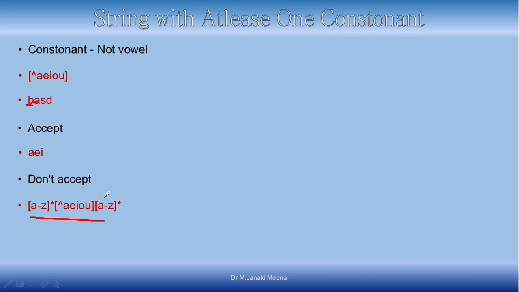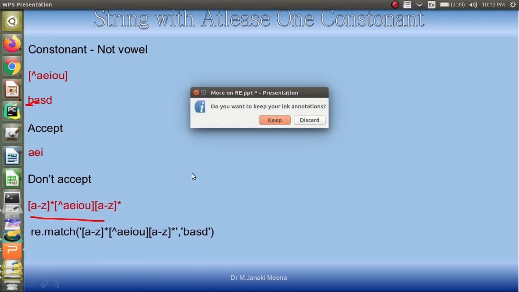The constraint is there should be at least one consonant, and it can have other characters any number of times, either before or after, and so on, right? So let us check this in terminal.